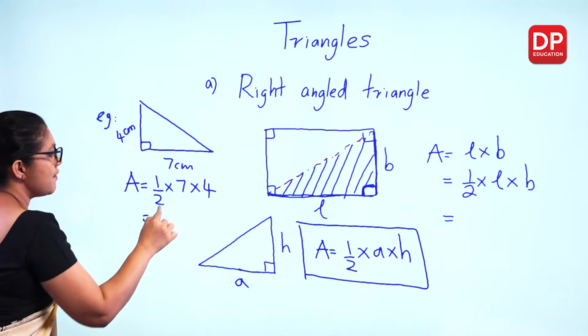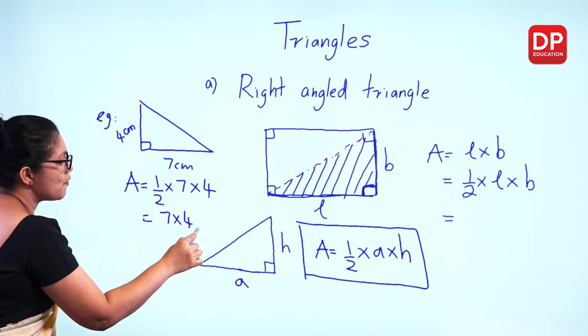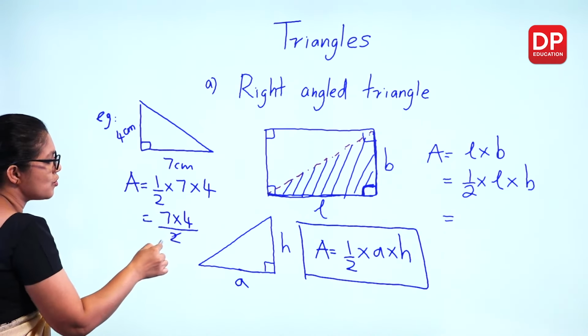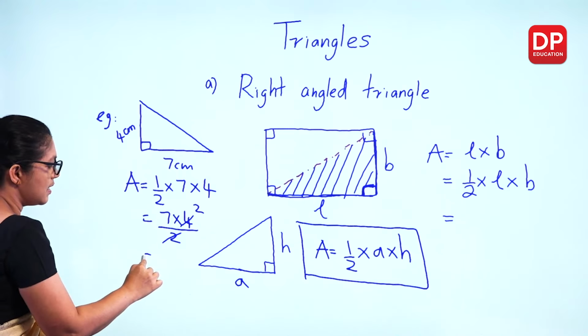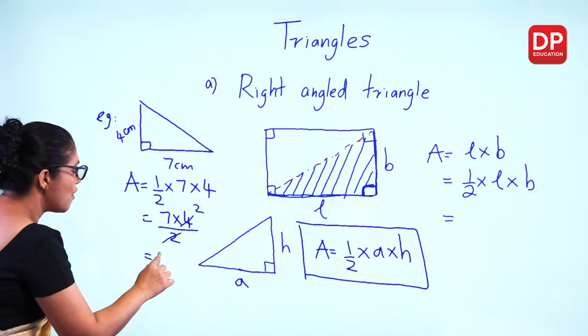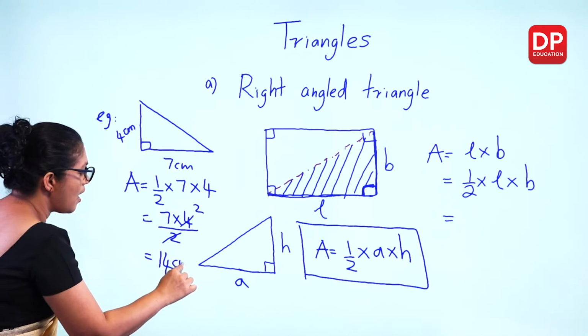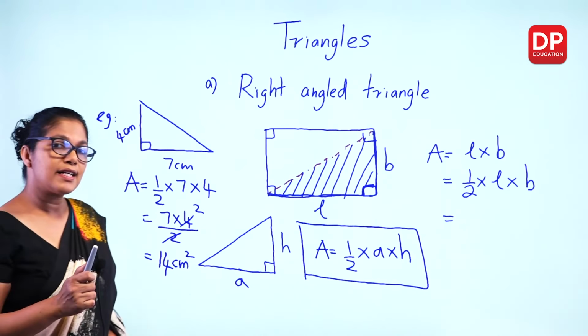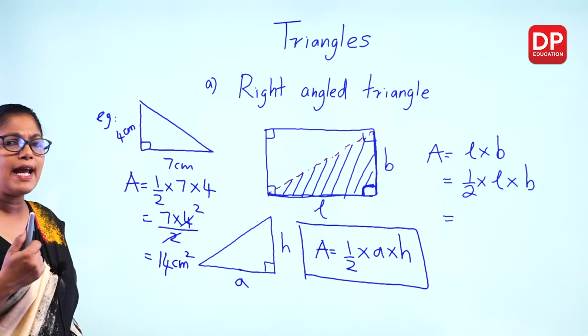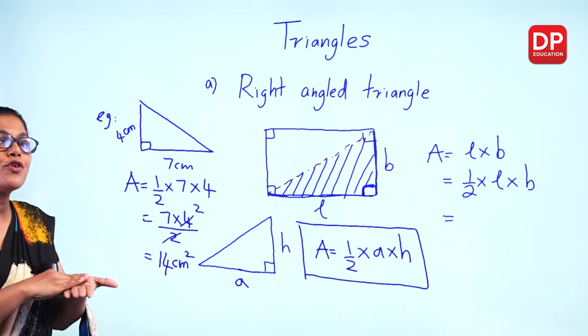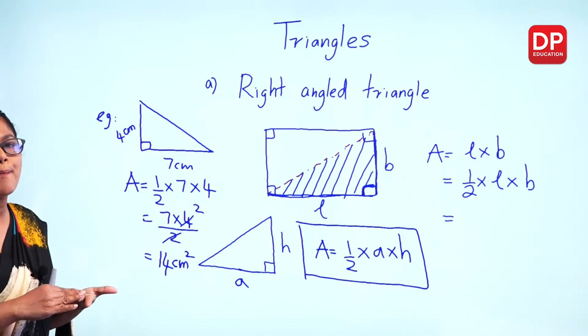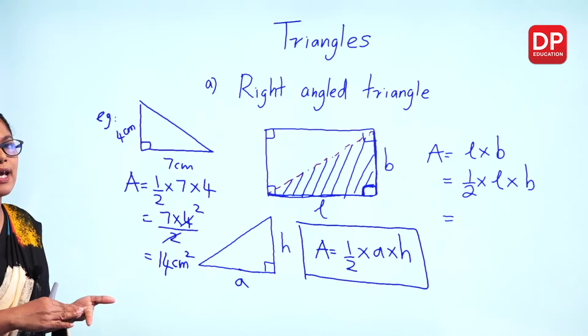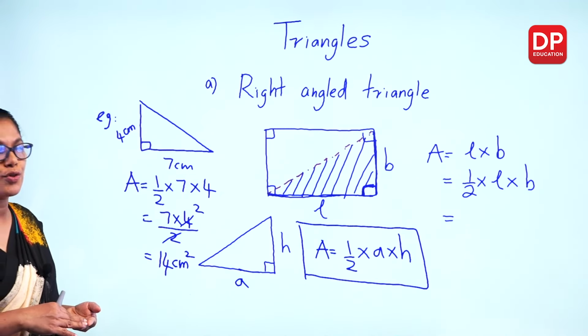So when you simplify, you get 7 times 4 divided by 2, 2 times 2, 7 times 2, you get 14 square centimeters. So when you get a right angle triangle, how do we find the area? We need to know the base length and the perpendicular height, multiply them together and divide by 2.